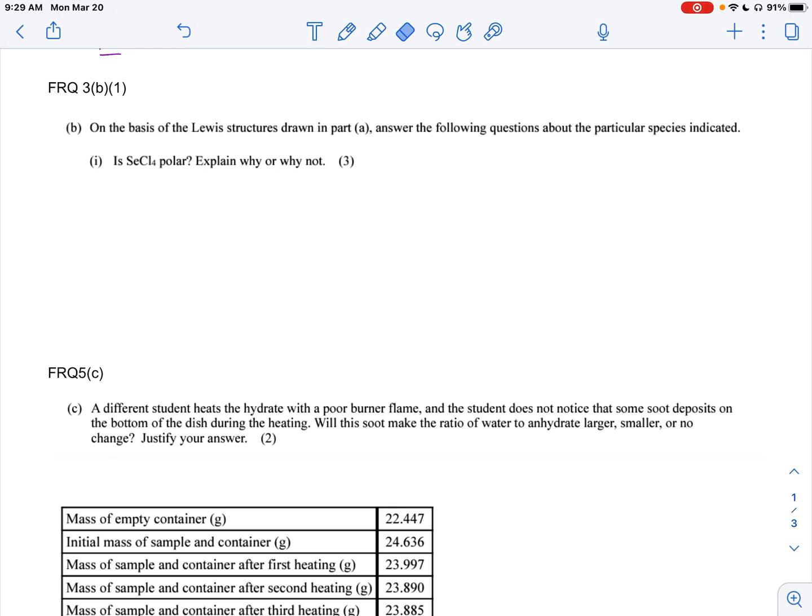The second part of this is if they are the shapes that I said you don't need to worry about knowing, the more complicated shapes, take a look at the bond angles. If there are two bond angles, then it's going to be polar because that means it's not the same everywhere. If all the bond angles are the same, or for example, like square pyramidal, they're both 90, then it's probably non-polar.